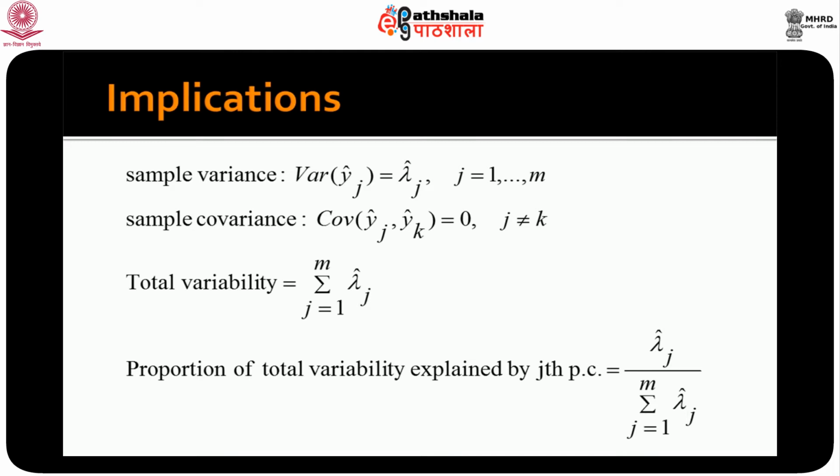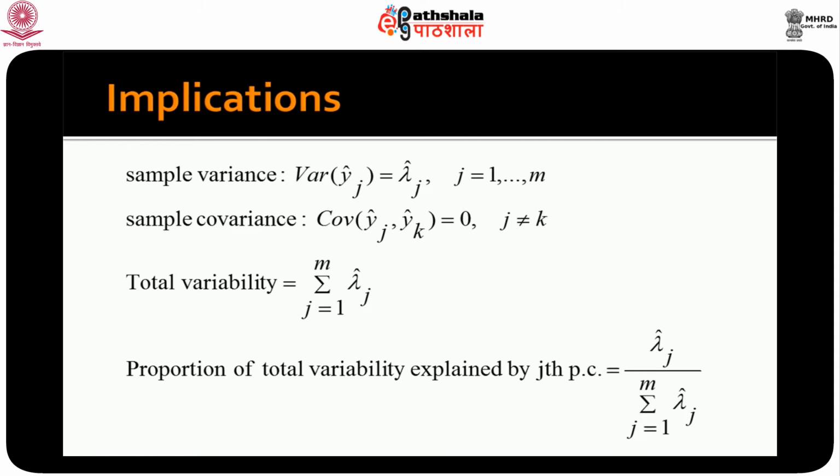As before, the total sample variance would be given by the sum of the eigenvalues. So in this case, the total variance is equal to summation j equal to 1 to m lambda j hat. And obviously, the proportion of variability explained by the first principal component would be lambda 1 hat divided by this sum of lambda j hats.